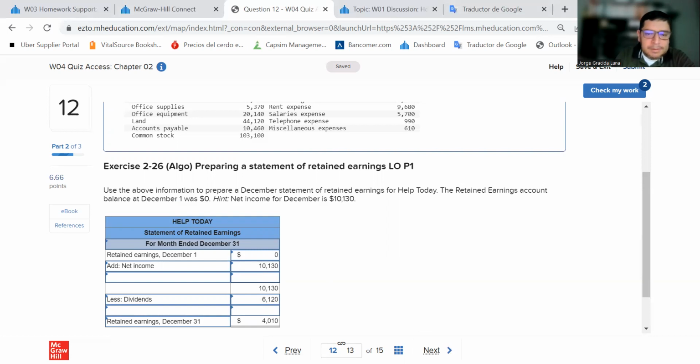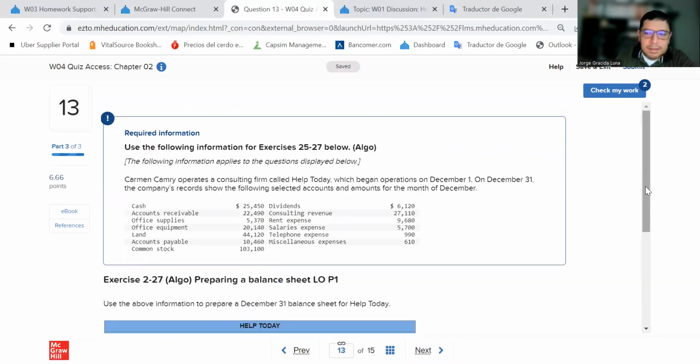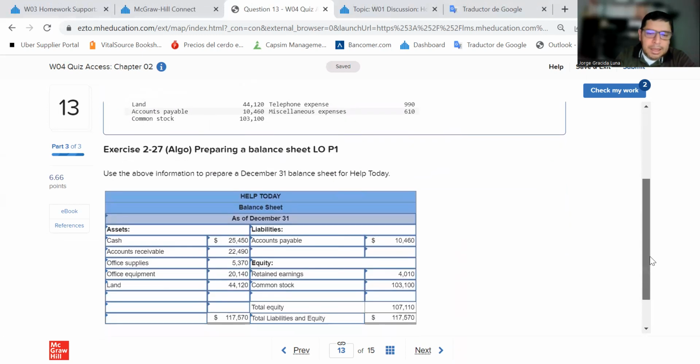So, okay. You can see the accounts here. We need to be clear about what accounts we need to use. Remember, we're going to use assets, liabilities, and equity.